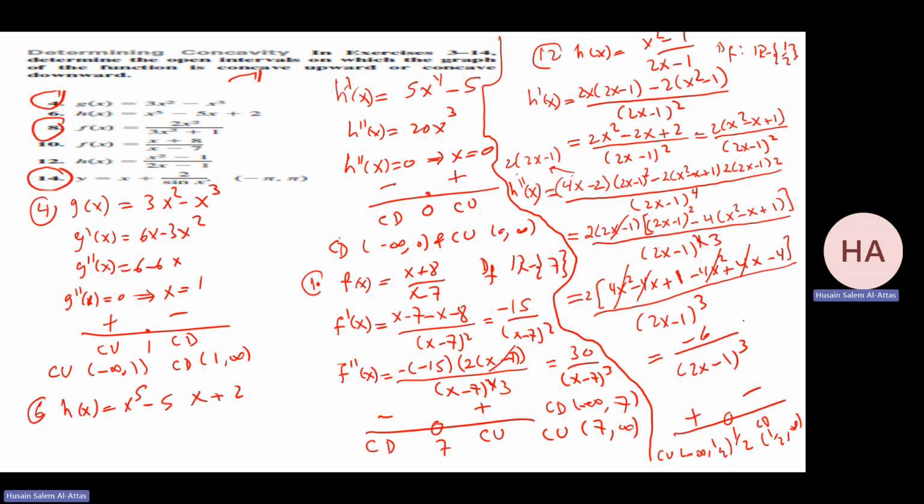Notice here, h double prime cannot be equal to 0. Minus 6 cannot be equal to 0. Yeah, as I said, the main difficulty comes from the calculation. The rest is nothing to worry about.